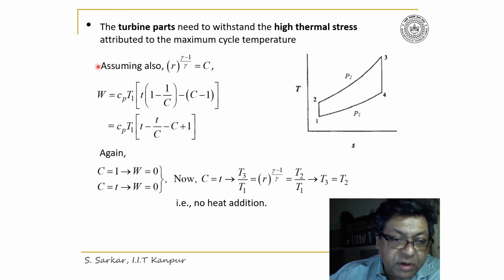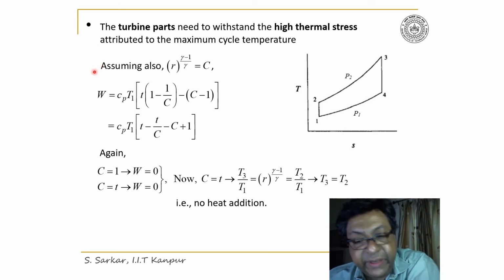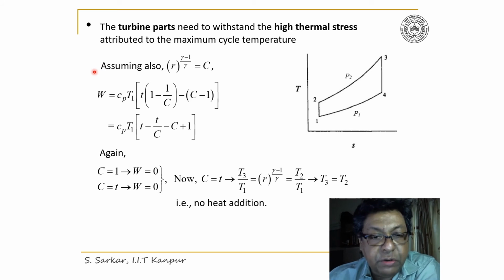Now, further we assume another parameter C equal to R to the power (gamma minus 1) by gamma.